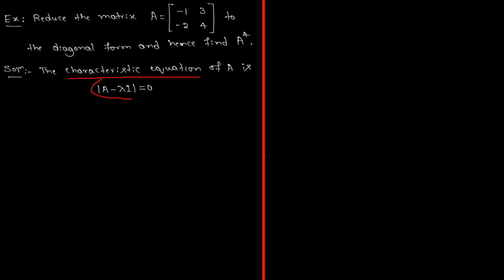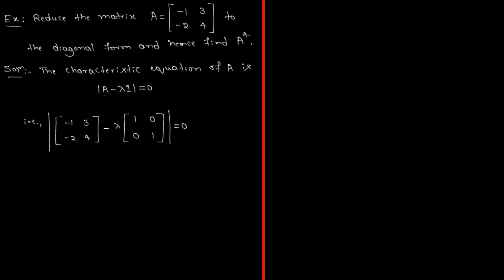The characteristic equation for a given matrix is determinant of A minus lambda I is equal to 0. Let us expand this. In the place of A, we substitute the matrix A, lambda as it is, and the identity matrix of order 2 cross 2, 1 0 0 1, and we write the determinant symbol as it is.